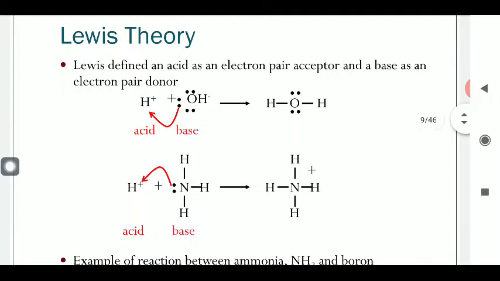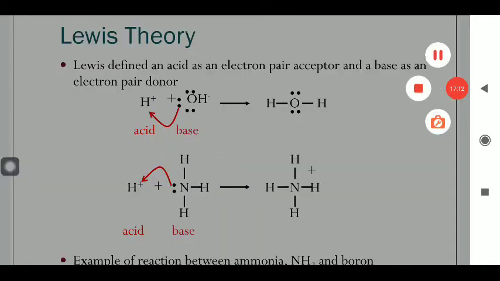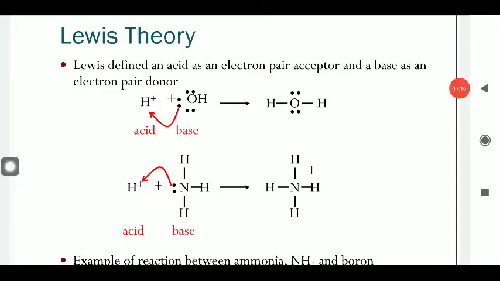Now, the Lewis concept of acid and base. Up to the previous topic, we have done two basic theories of acids and bases. The second theory that we did earlier is the conjugate acid-base theory.